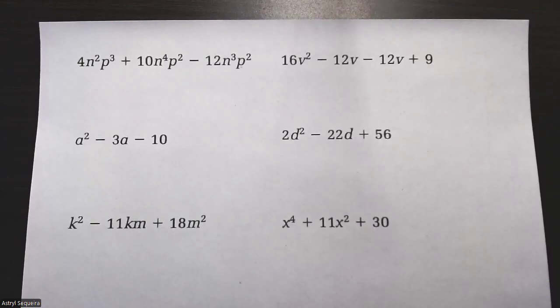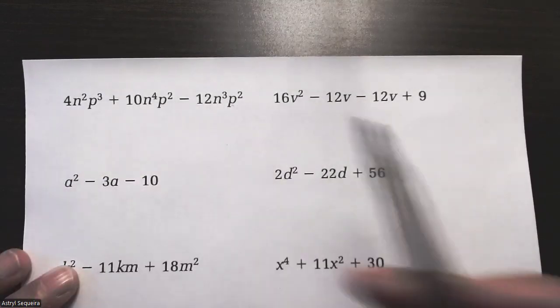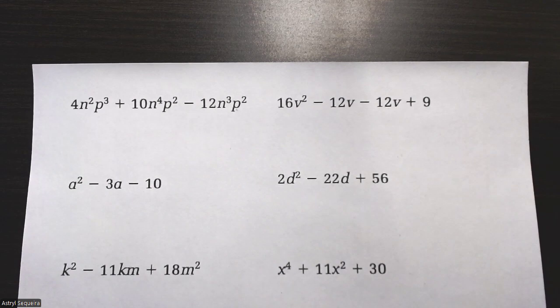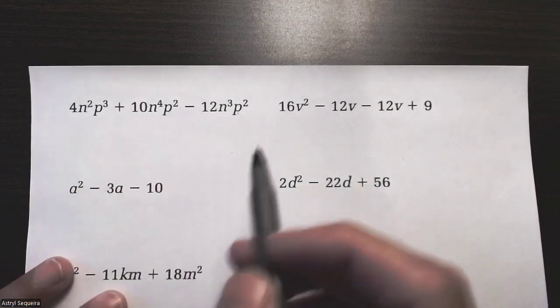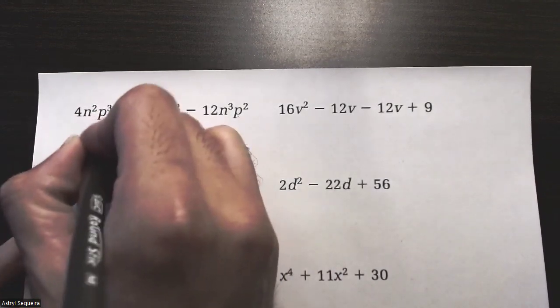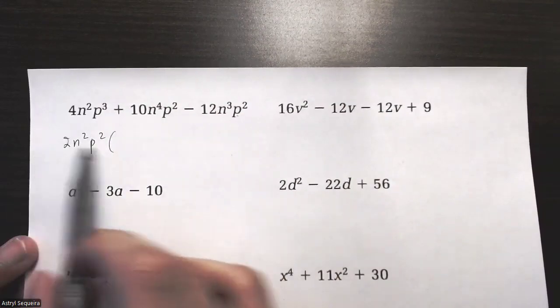So let's take a look at the first example over here. In this one, I can tell that there's a common factor. Always try to look for a common factor in every single factoring question. Over here, my largest common factor is 2n squared p squared, and then I'm just dividing each term by that.